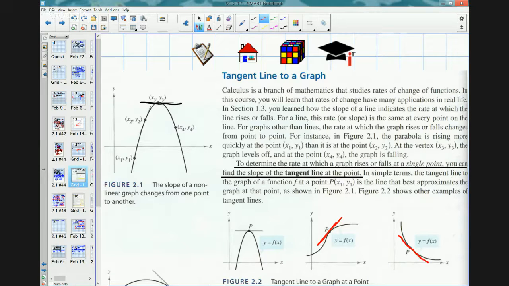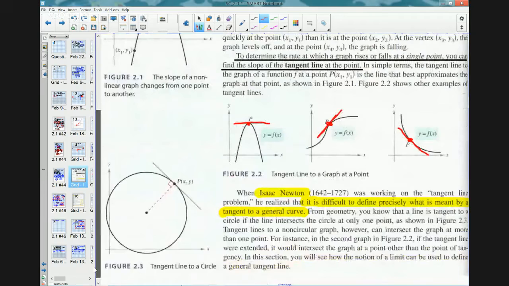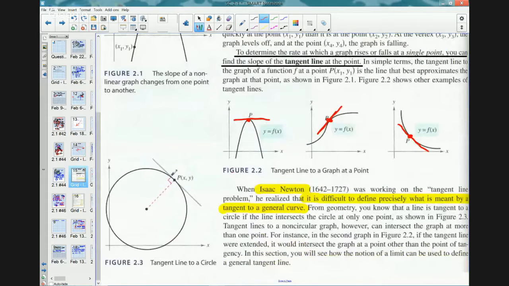These are all tangent lines to a curve at a point. That's what we've been finding in these problems we've been doing. We all remember it in geometry from a circle, but it works with other algebra curves too.